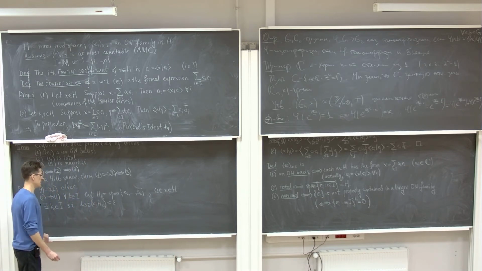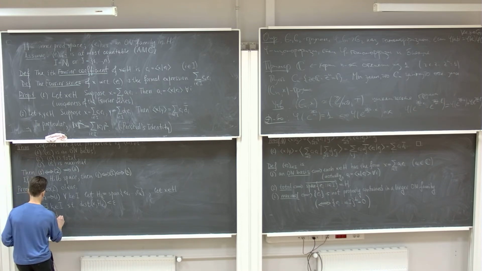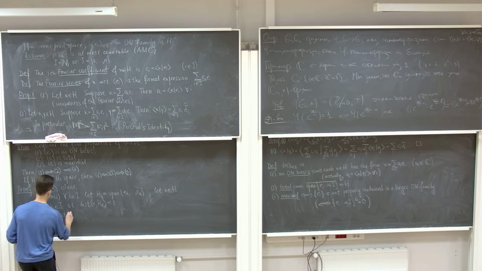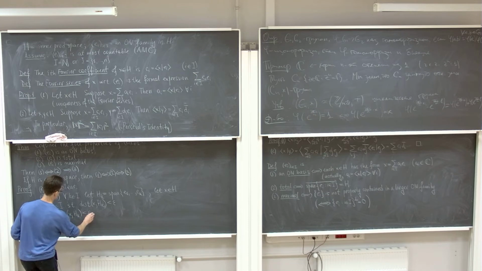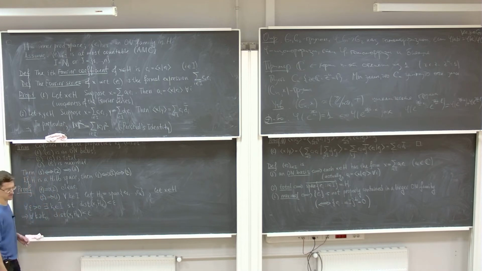Okay, now if we take any index bigger than k0, for each k greater than or equal to k0, we have the same inequality. The distance between x and hk is less than epsilon, just because hk contains hk0. But in the previous lecture, we have already calculated this distance.